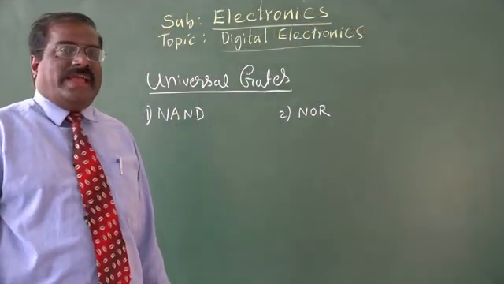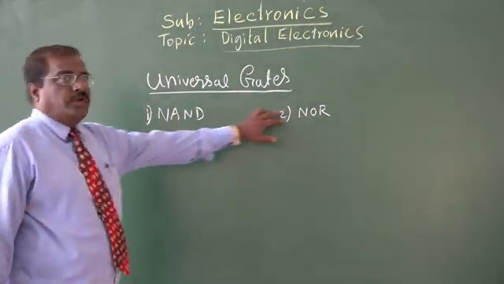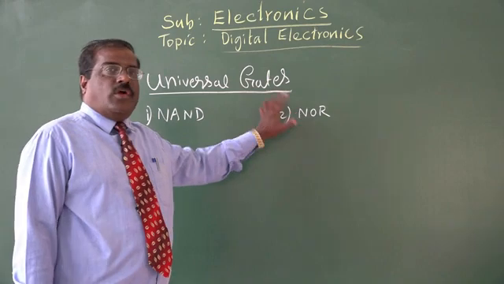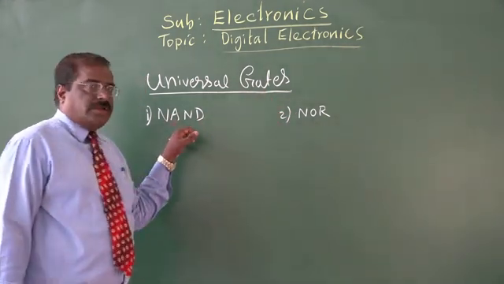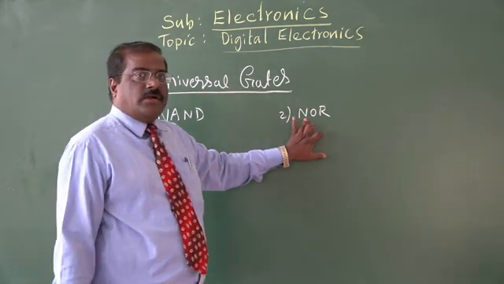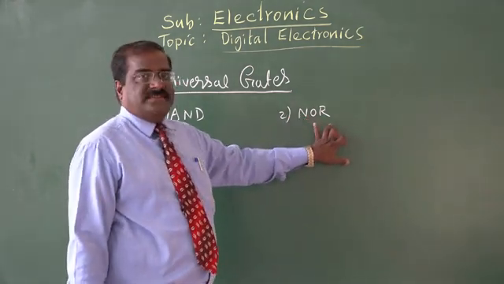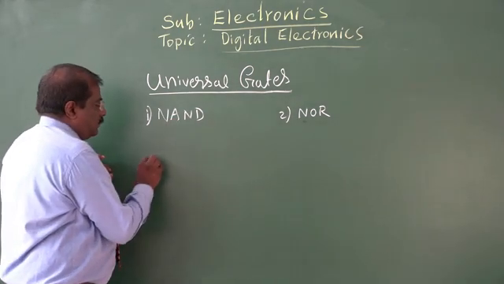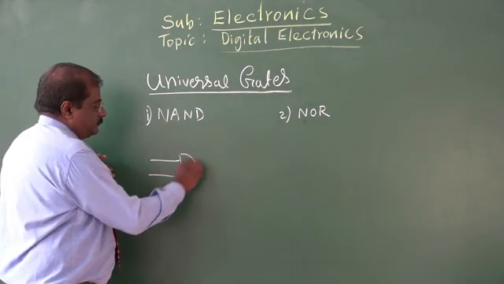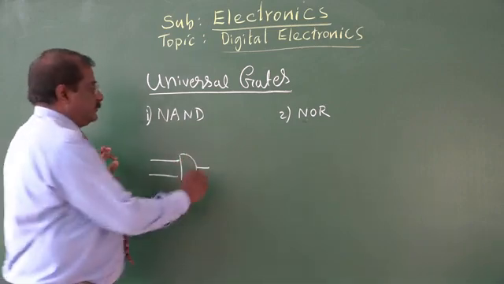Gates, what we declare as NAND and NOR. NAND is nothing but a combination of AND gate and NOT gate. NOR gate is nothing but the combination of NOT plus OR gate. Just remember the symbol: NAND is AND gate plus NOT gate.